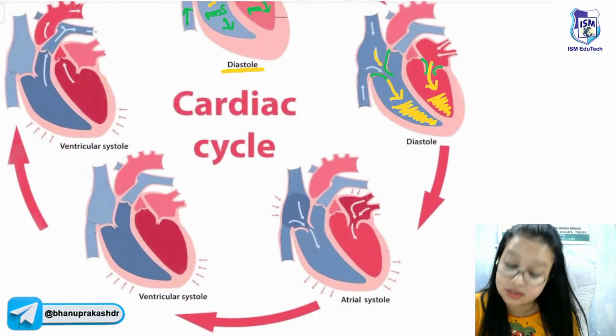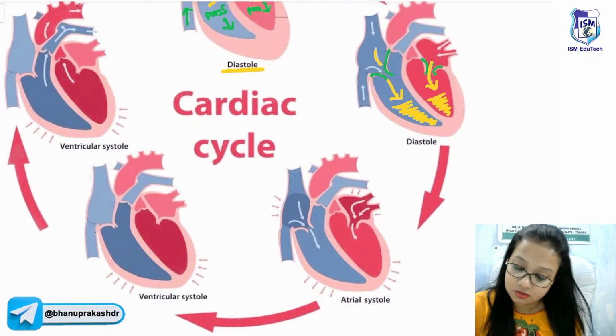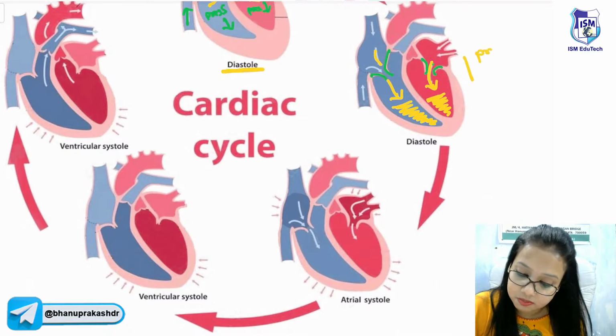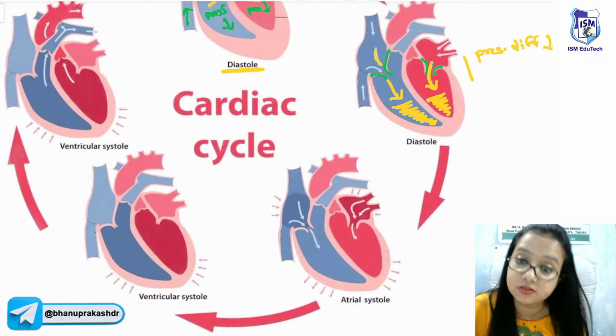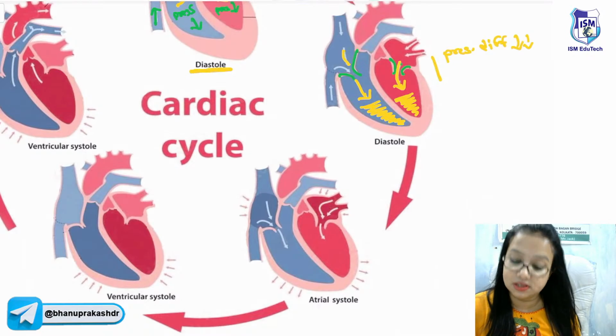Okay, this is the diastole proper. Now first it happens at a very rapid speed, and then when the ventricles are filled with blood, the atrial blood volume is decreasing. Now the pressure difference between the atria and the ventricle decreases. So then the speed becomes slow.